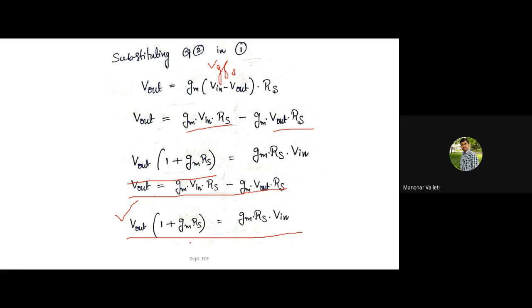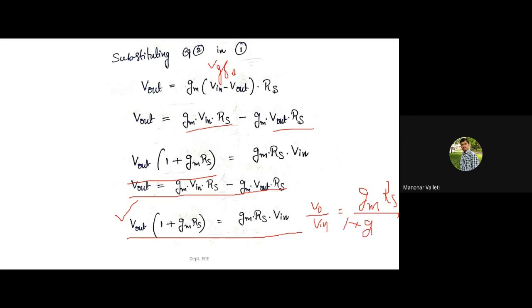So if you find out the ratio, V naught by V in equals gmRS by 1 plus gmRS.